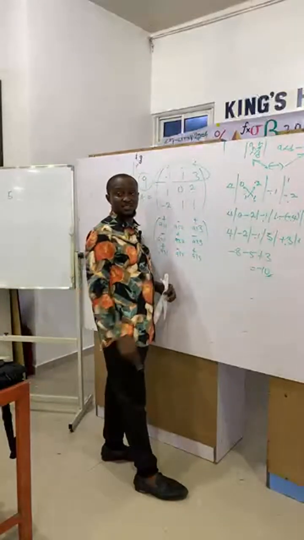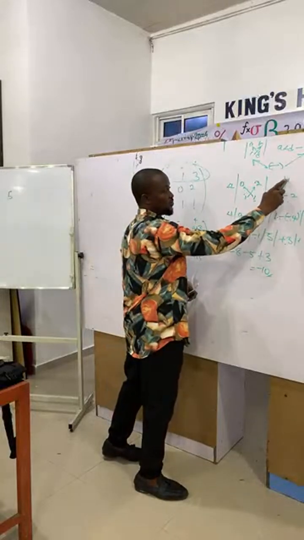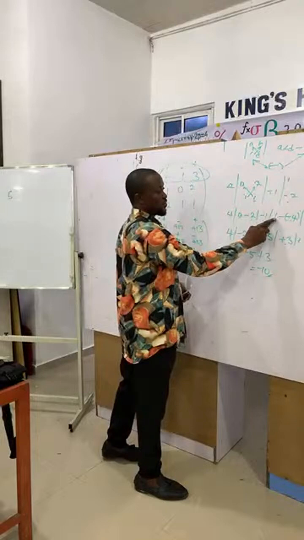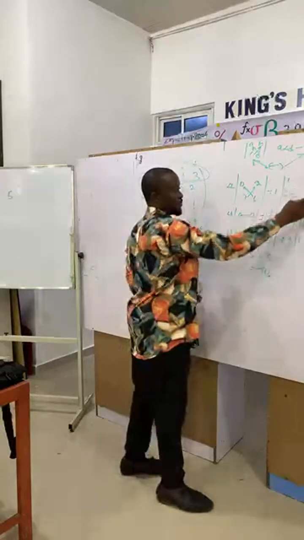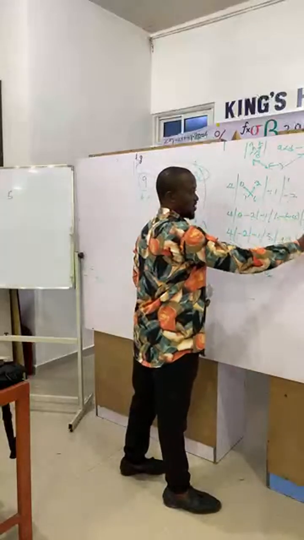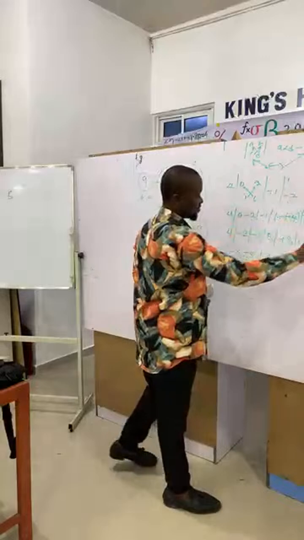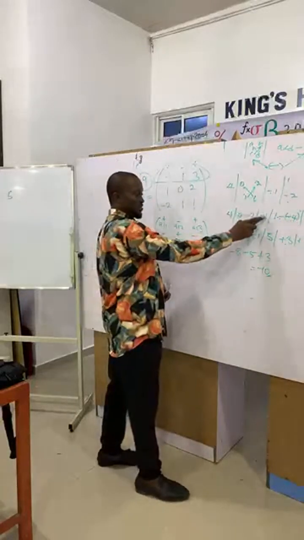Have you seen that? The minus is constant, minus 1. Then 1 times 1 is 1 minus 2 times 2, minus 4. Plus 3. 1 times 1 is 1, minus 2 times 0 is 0. So 0 minus 2 is minus 2.